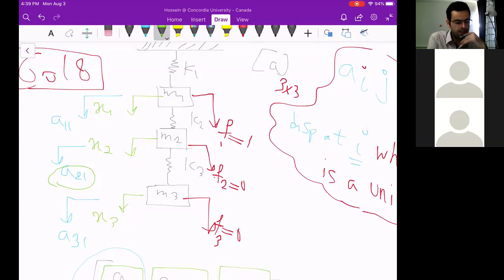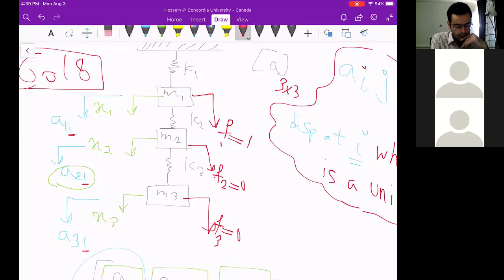So at the first step, we will fill out A11, A21, and A31, which is a unit force at mass 1 for all of them. We apply unit force at mass 1, and we see the displacement at mass 1, 2, 3, which is A11, A21, and A31.